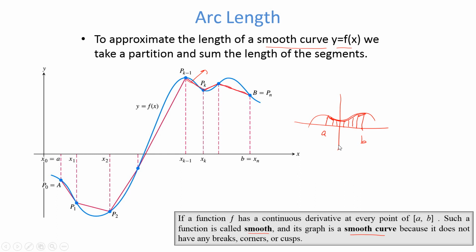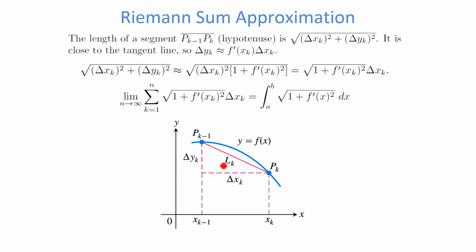So let's have a closer look at the line segment in an interval x_{k-1}, x_k. So this is how it looks. This is the curve, and we are going to approximate this length by this line.